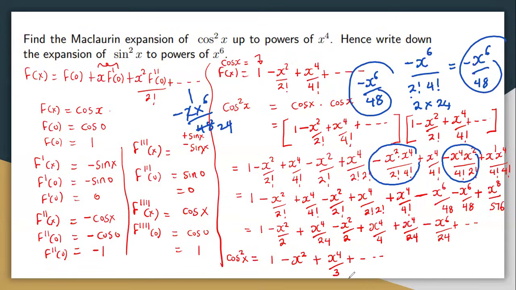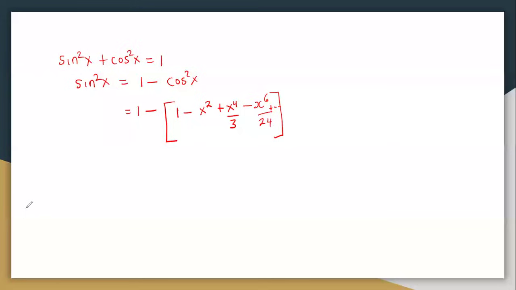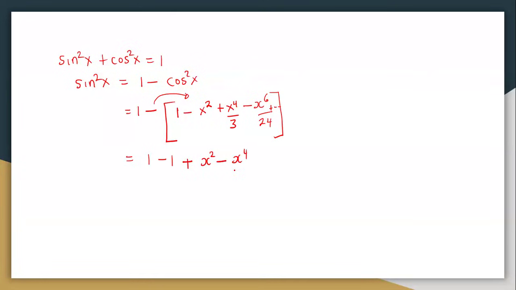Okay, perfect. I've seen our answers in the chat. So members, you open very well. When you open, you have 1 minus 1. Don't forget this negative affects everything. So we shall have plus x squared minus x power 4 out of 3 plus x power 6 out of 24, then plus.